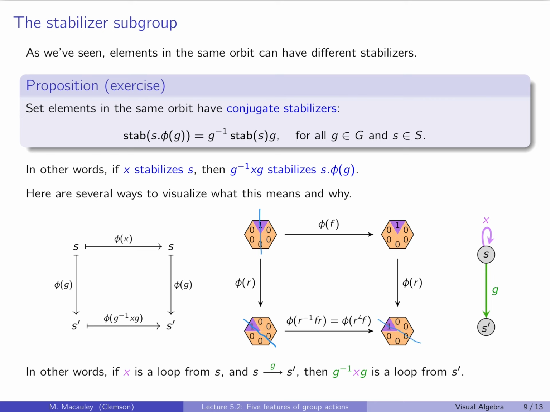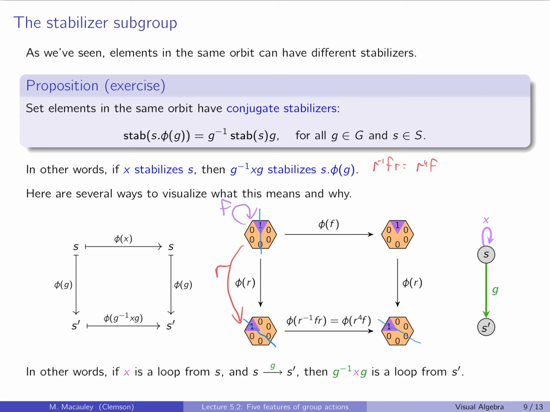We can write this as: if F fixes this, and then we go R here, then R inverse F R, and by the way, R inverse F R equals R to the fourth F, is going to fix this one.